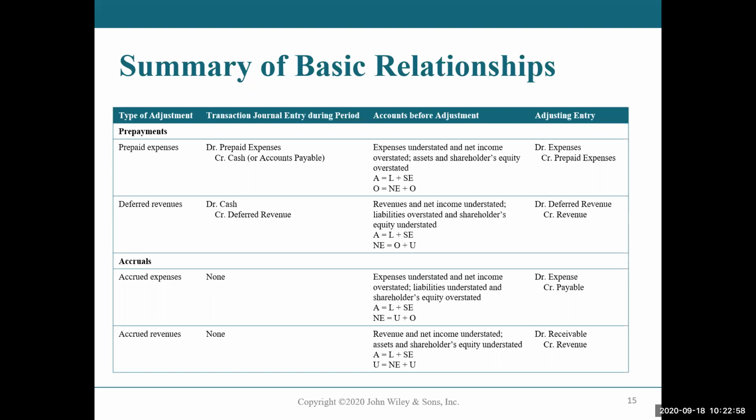Now one thing to observe here is that when it comes to accruals, when you're looking at your accrued expenses and accrued revenues, these journal entries are not recorded onto the books until you get to the adjusting stage. But with the prepayments, there is an original entry sitting on the books which needs to be adjusted when you are booking your adjusting entries. So there's a fine difference there.